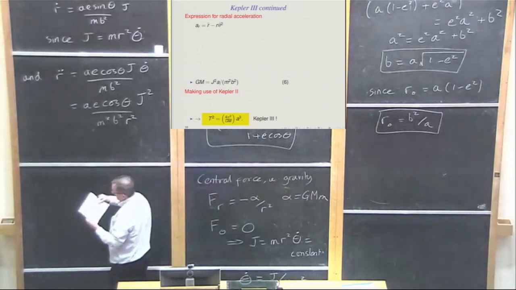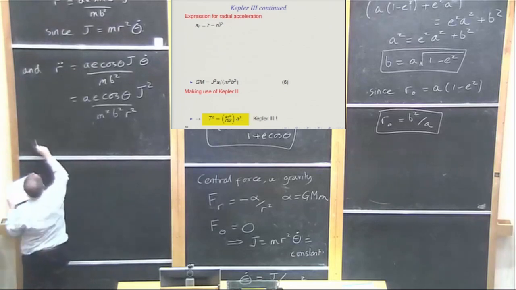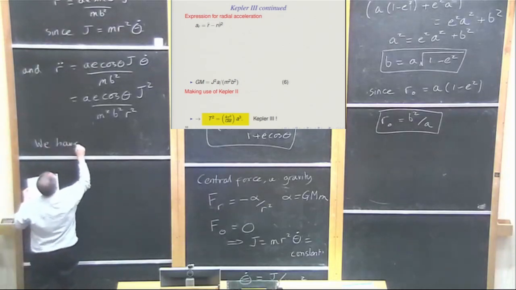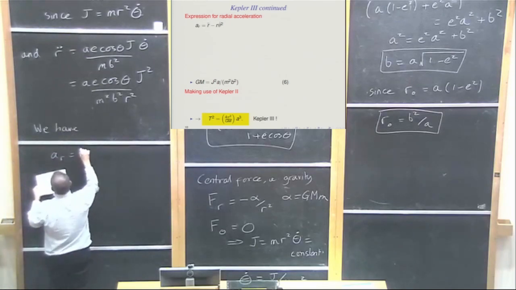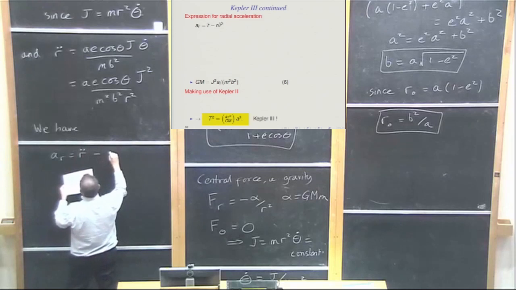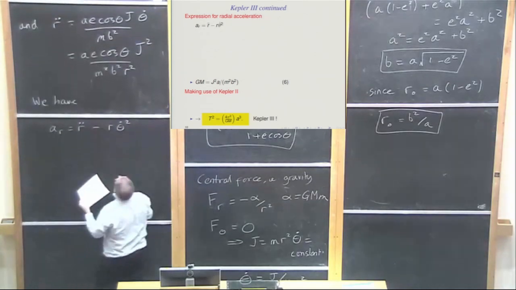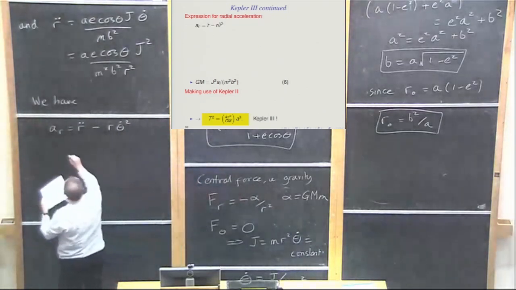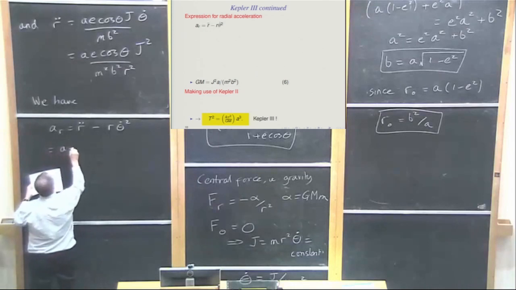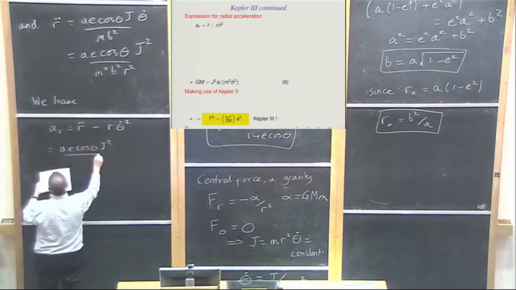So we have, for radial acceleration, that a_r equals r double dot, but that isn't all. We have the minus r theta dot squared. Okay, so r double dot, we now have something for that. That's great. Let's stick it in. So that is a e cosine theta j squared over m squared b squared r squared.